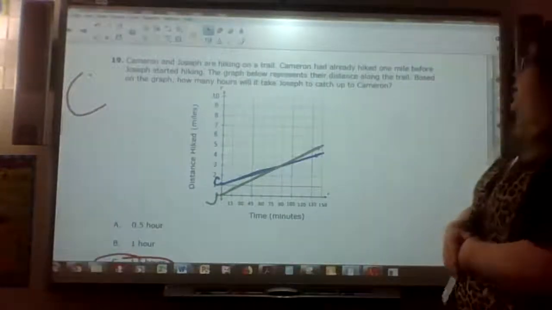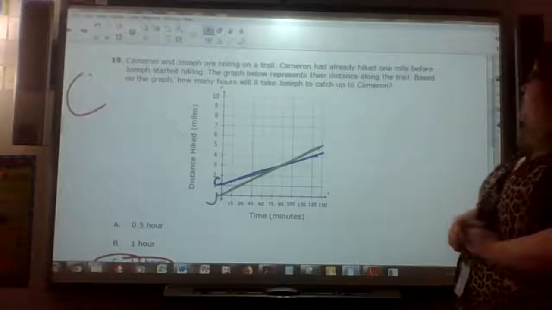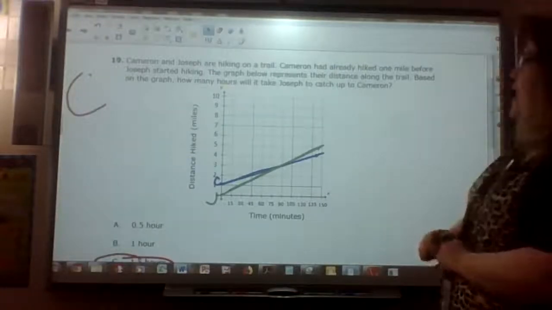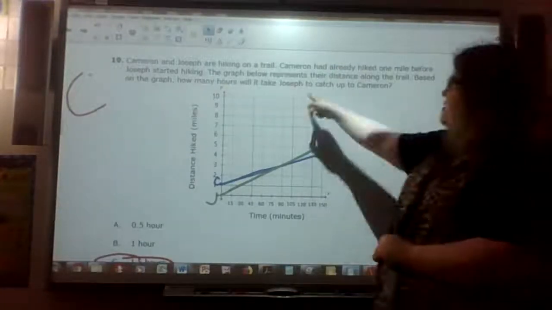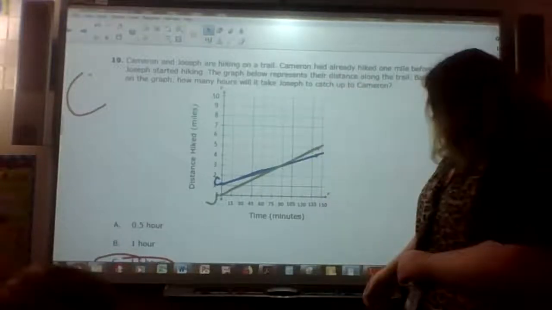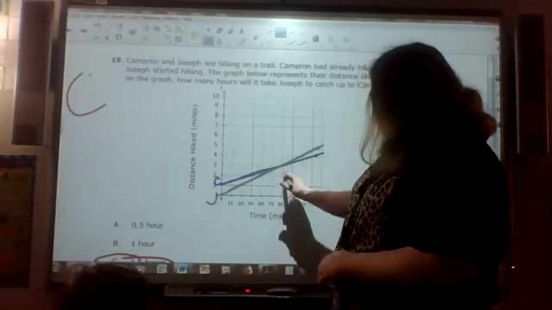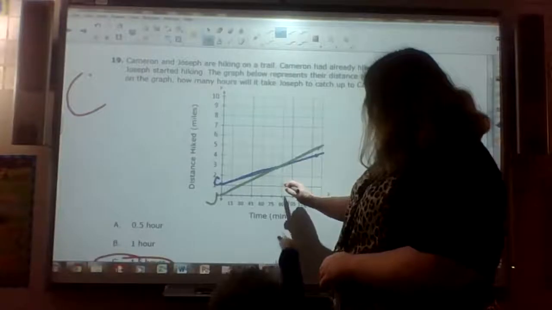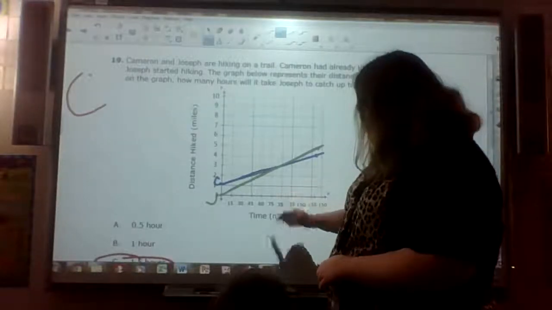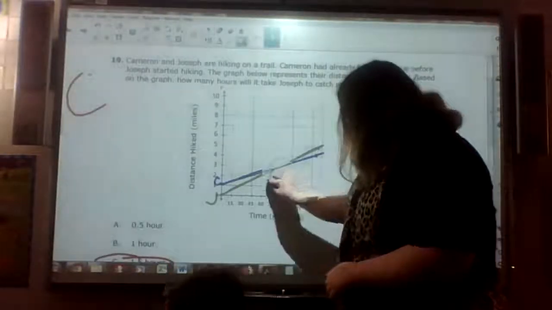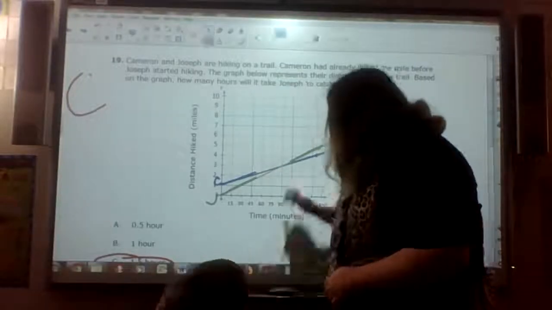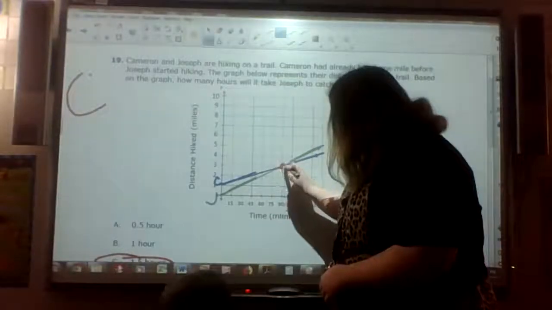The graph below represents the distance along the trail. Based on the graph, how many hours will it take for Joseph to catch up with Cameron? That means you are looking for where they connect. Let me erase my word. They connect right here.